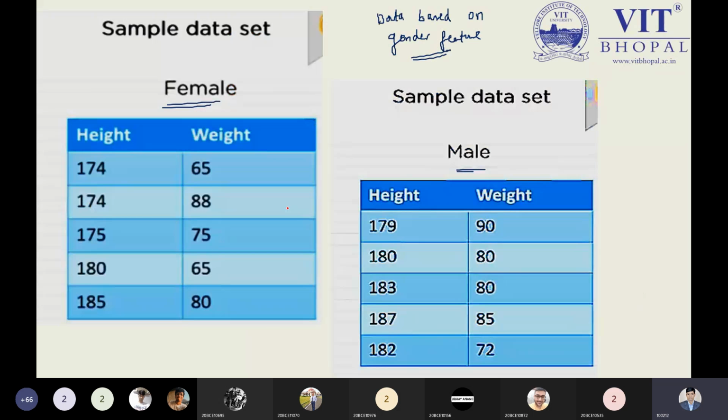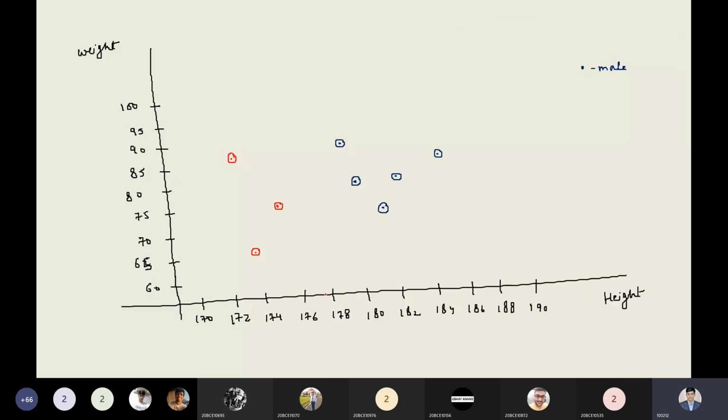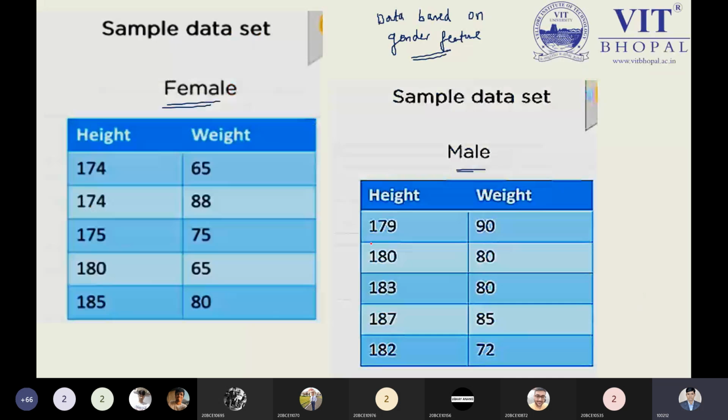Next one we have 180 and 65, 180 and 65. So this could be around this position. And the last data point we can plot over here in our graph. So 185 and 80.